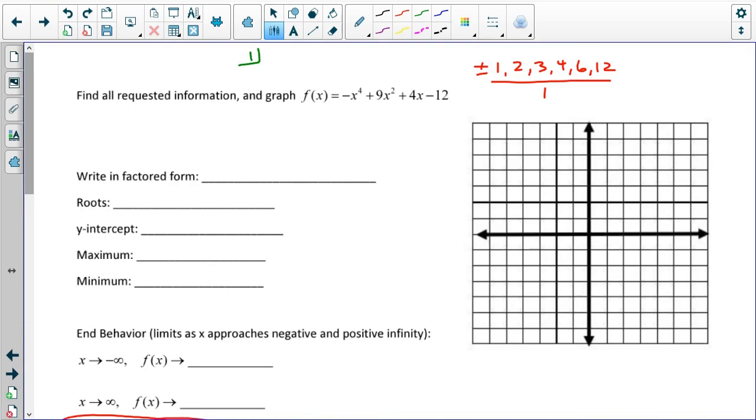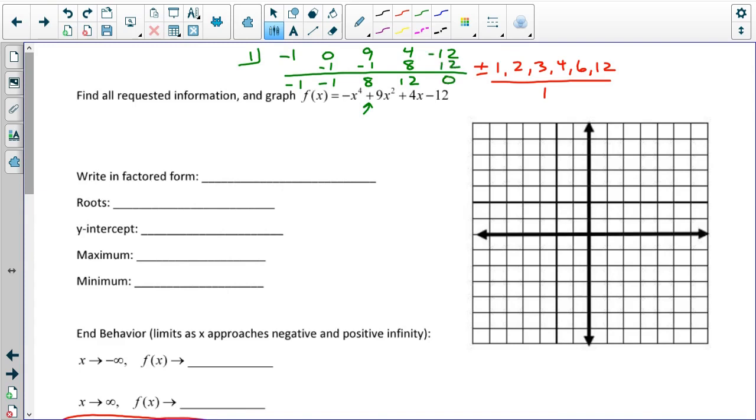So if I try 1, I'm sorry, -1, 0, 9, 4, and -12. Just a reminder that I need to put the 0 in for the x cubed term because there is no x cubed term that's visible. I will pull down the -1, and then, oh, I'm sorry, that was supposed to be a -12.